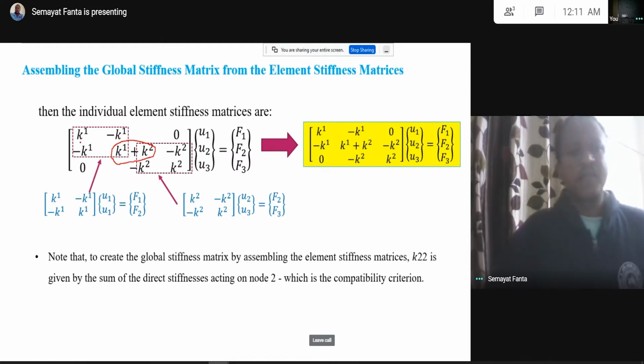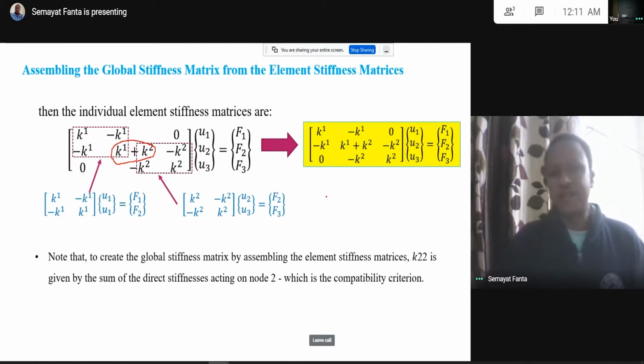So we have K1, minus K1, minus K1, K1 plus K2, minus K2, minus K2, K2, times U1, U2, U3, which is equal to F1, F2, F3. These are the nodal forces, these are the nodal vectors, and these are the stiffness matrix. So finally, this is the final equation.